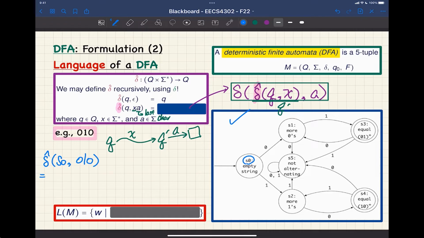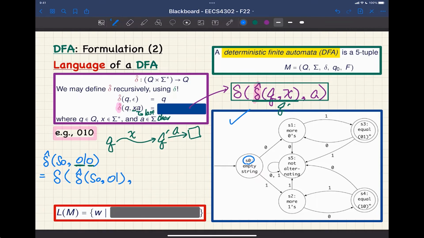You're going to break it down into two parts, 0, 1, and also 0. Right? So what we're going to do is delta hat. First of all, delta, and then delta hat, S0, 0, 1.